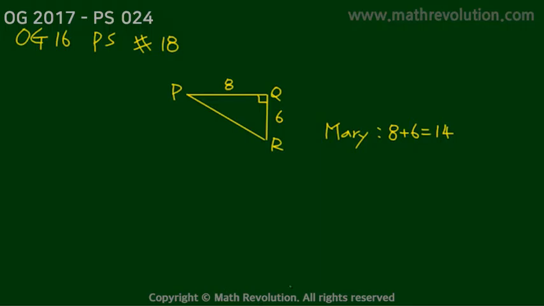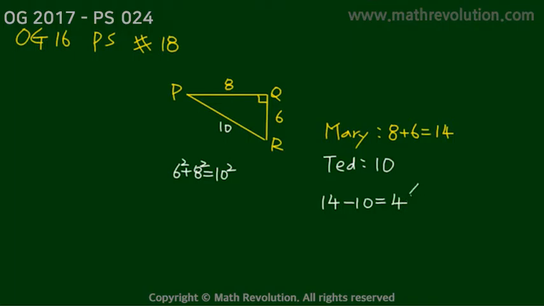And we also can calculate the distance traveled by Ted using the Pythagorean theorem. And that'll be 10 because 6 squared plus 8 squared equals 10 squared. So the distance traveled by Ted is 10. And the difference between Mary and Ted would be 14 minus 10, which is 4.